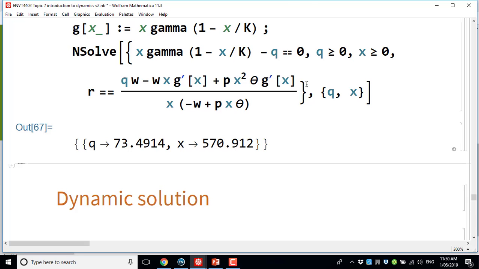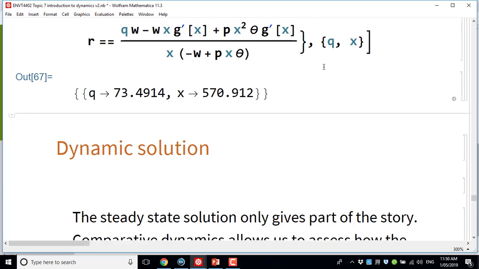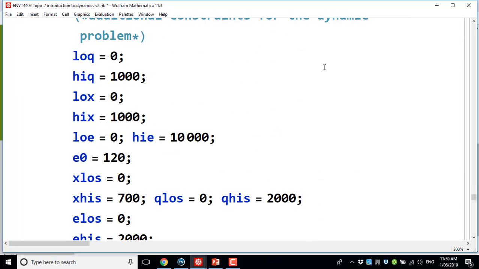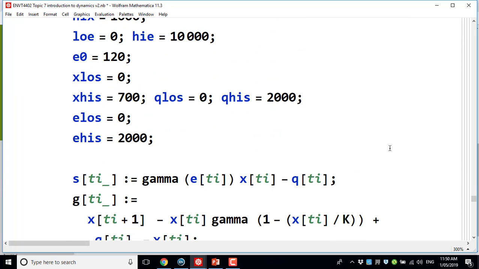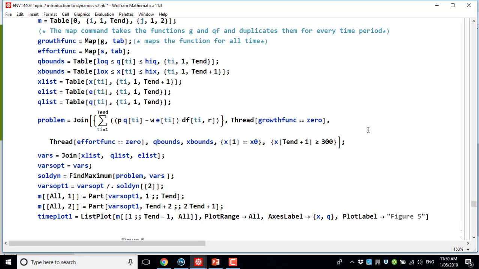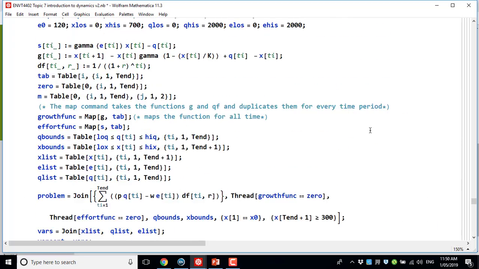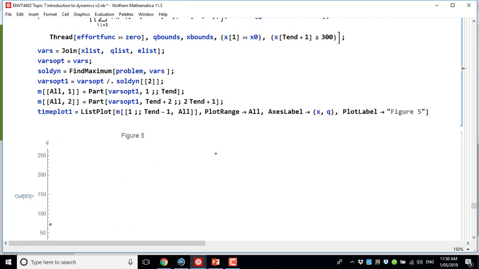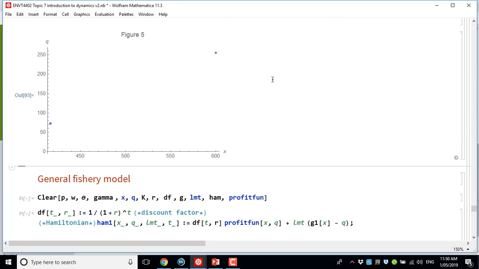So you're required to just analyze this model for numerical problem 3. I'm not requiring you to do dynamic optimization, but before I finish, I'll just show you some dynamic optimization. So this is the next bit of code. If we get lucky, it's a bit hard to see the solution here.